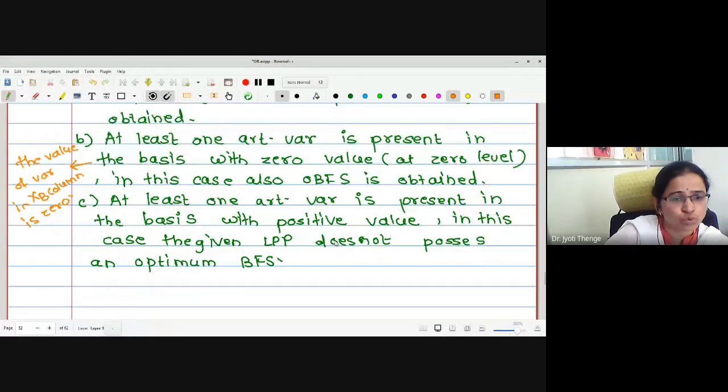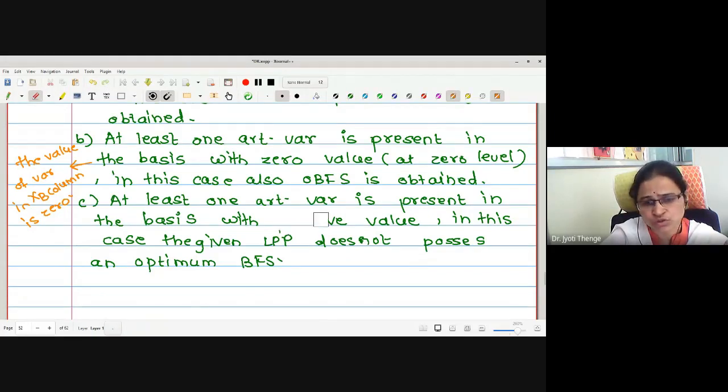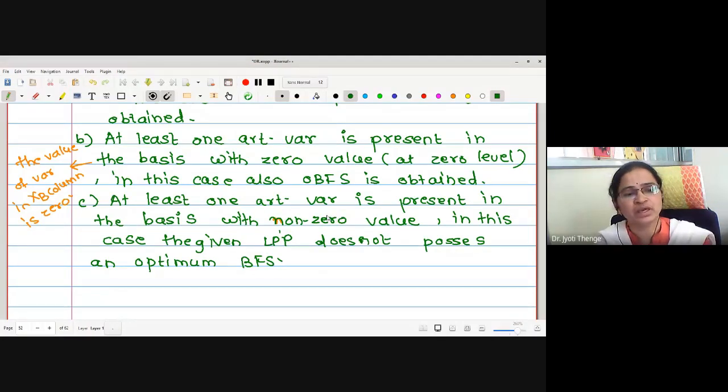The problem arises only if one artificial variable remains in the basis with a non-zero value. Maybe positive, it may be negative.